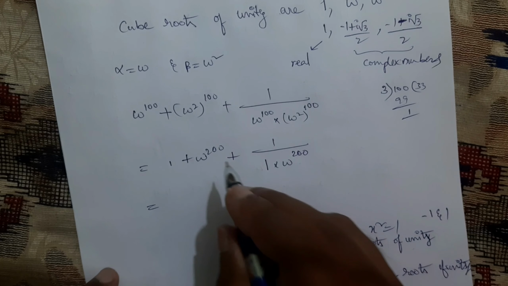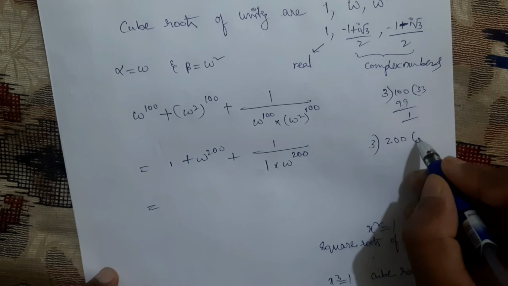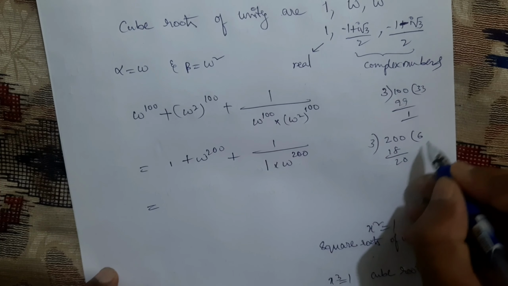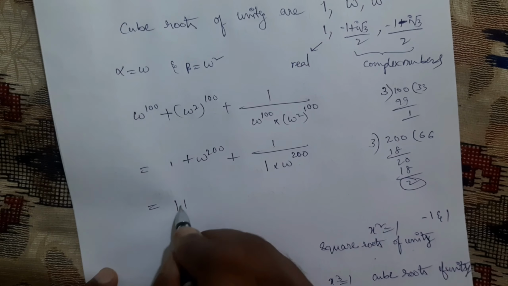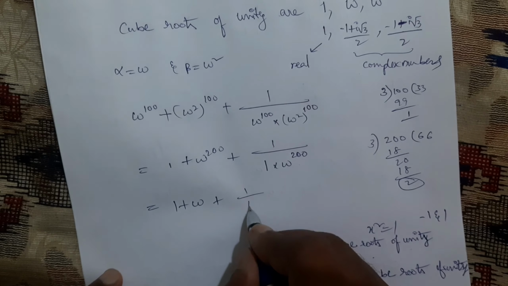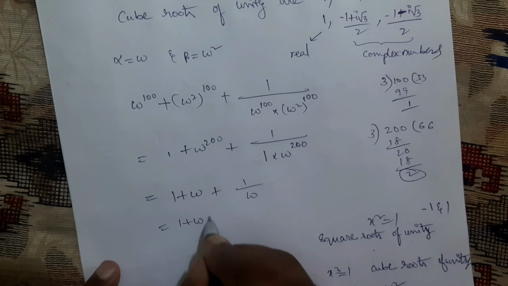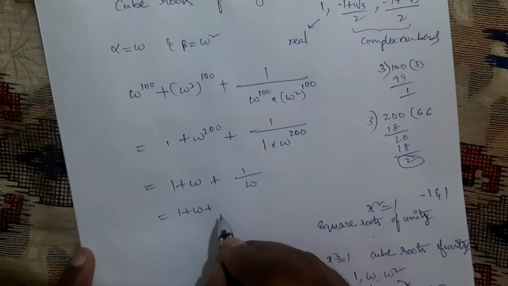So now we need to simplify omega power 200. Again you divide with 3. 3 6s are 18, 2, and again 3 6s are 18, 2. The remainder is 2. Remainder 2 means it will be omega square. Now plus 1 by omega. So omega plus 1 by omega plus omega square, again we have simplified in the previous problem.